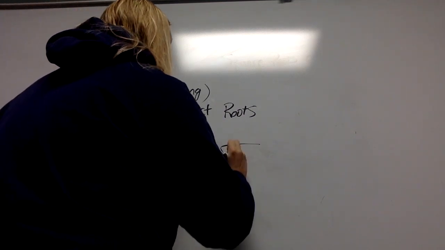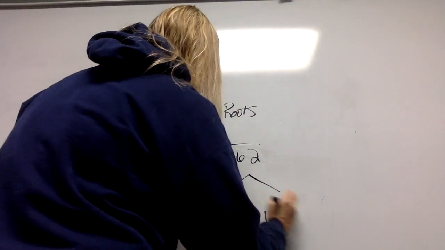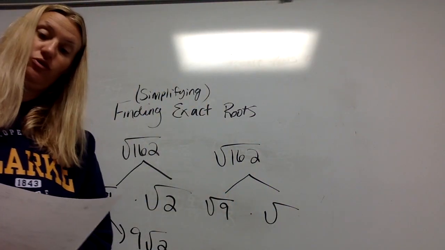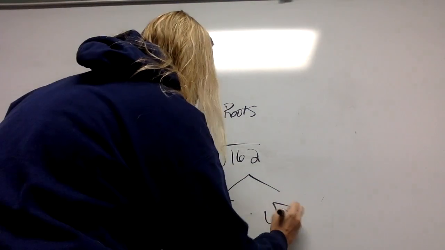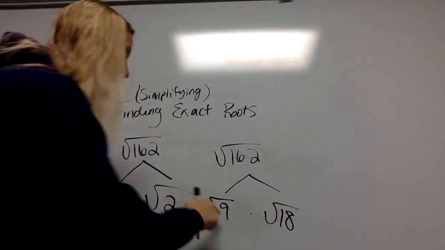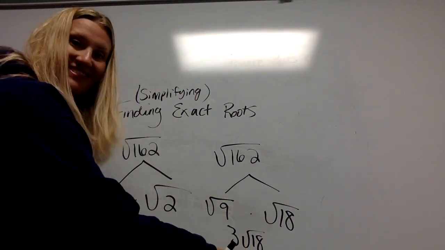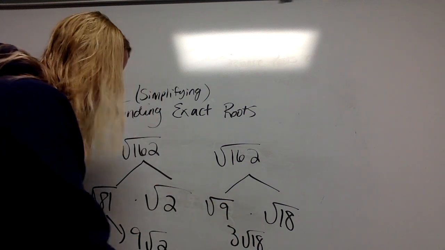Some of you may not have seen 81. You may have seen, and this works, 9 is also a perfect square that goes into 162. 162 divided by 9 is 18. We have 3 root 18. However, just like with that fraction where I had to divide again, this can be split again.